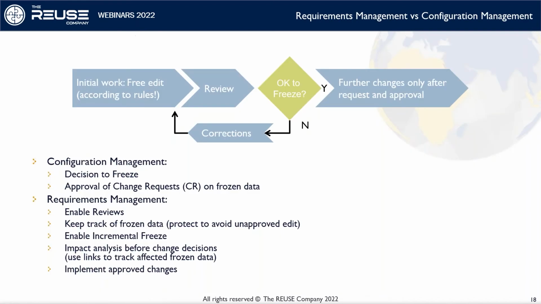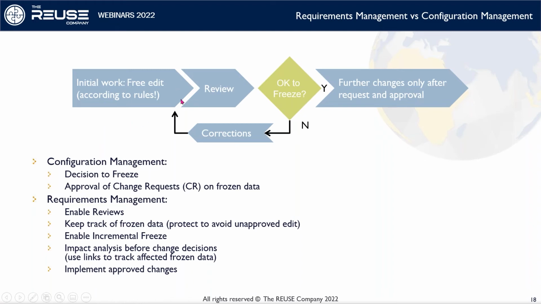So if you freeze things, what does that mean? Well, initially, when you start working with something, you just produce data. Of course, there are rules that you should apply, following quality requirements for writing requirement statements, writing requirements on the appropriate level for the specification you're working on, and so on and so forth.